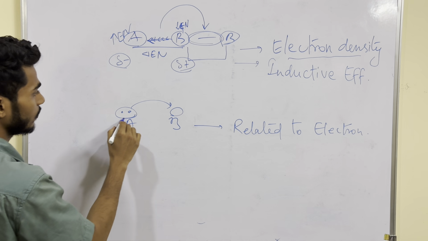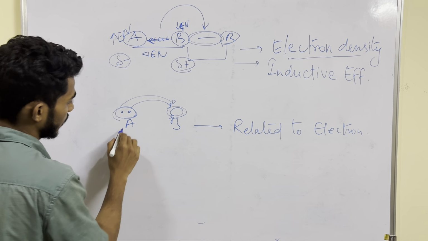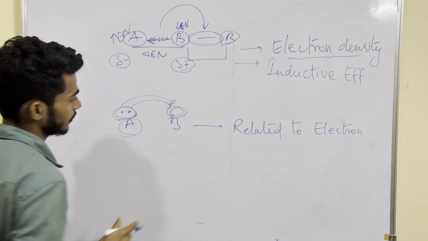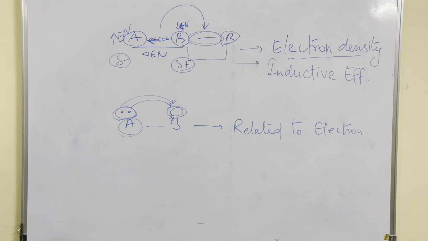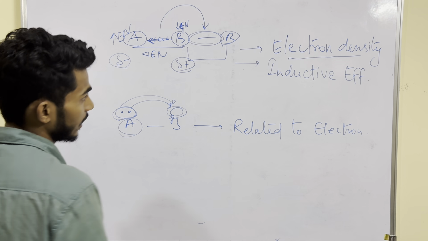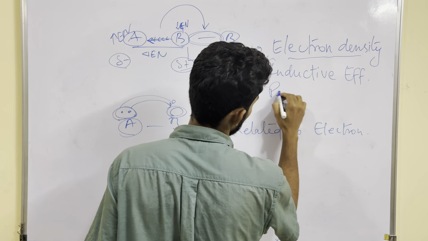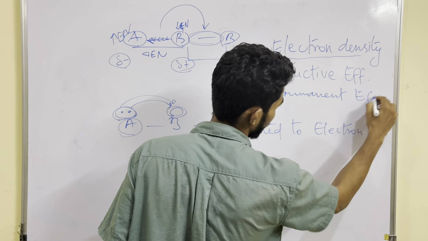Due to the presence of a lone pair and a vacant orbital here, it will donate its electron, and ultimately transfer of electrons will take place. Now, the way the inductive effect was a permanent effect, the mesomeric effect is also a permanent effect.